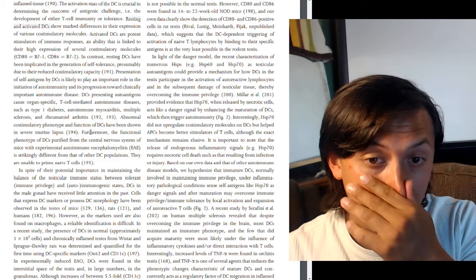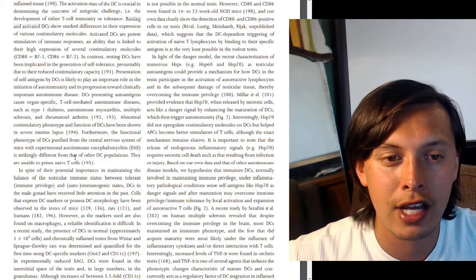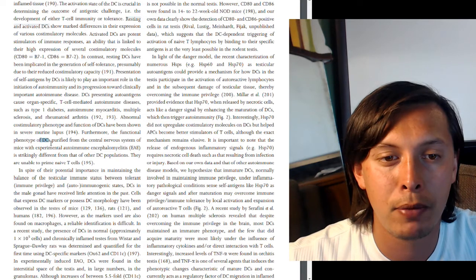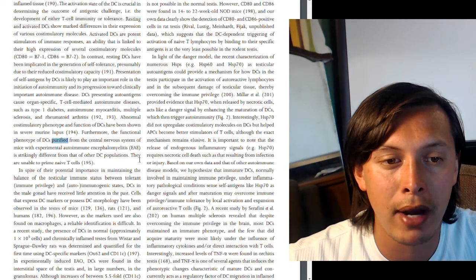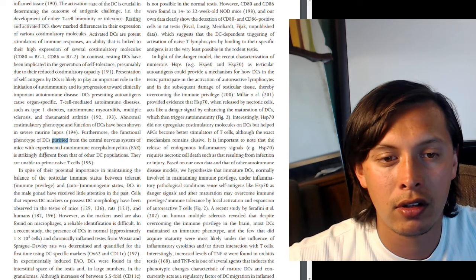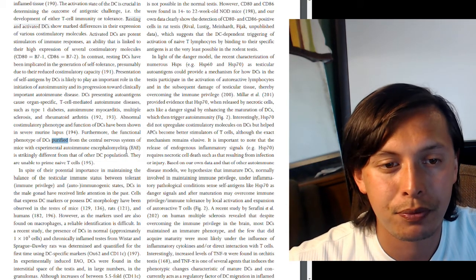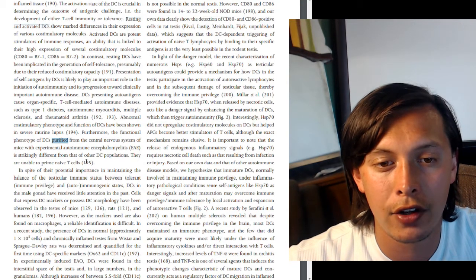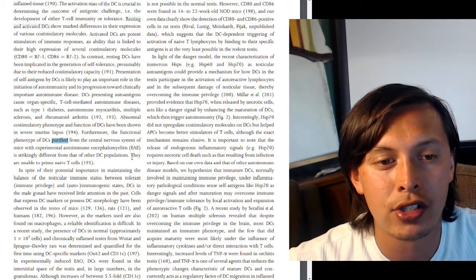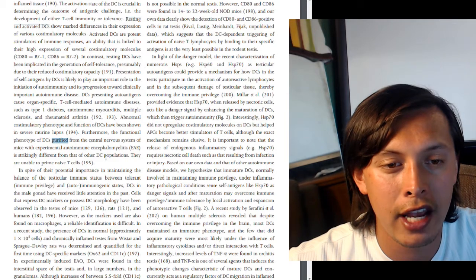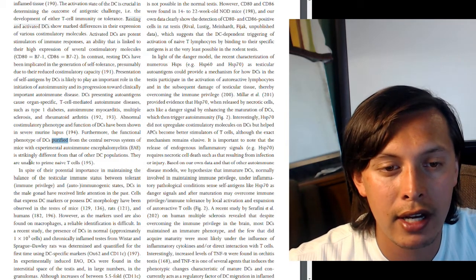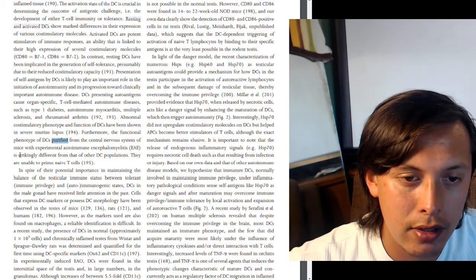Furthermore, the functional phenotype of dendritic cells purified from the central nervous system of mice with experimental autoimmune encephalomyelitis is strikingly different from that of other dendritic cell populations. They are unable to prime naive T cells.